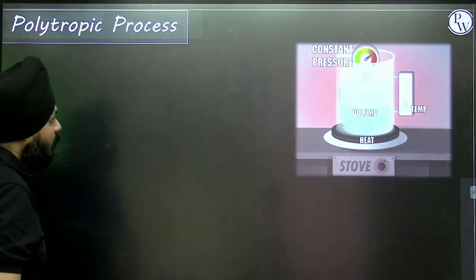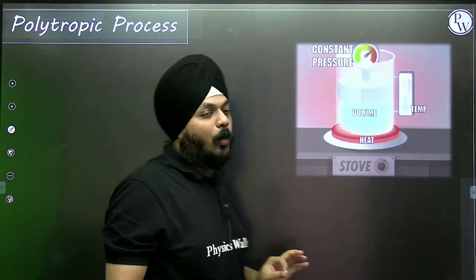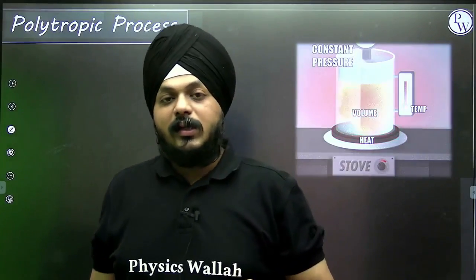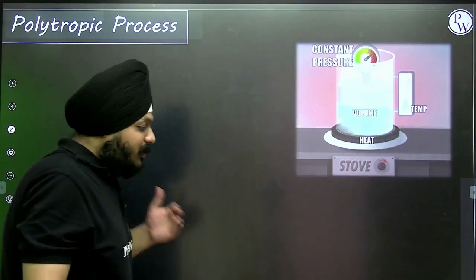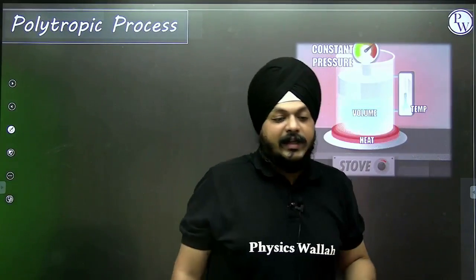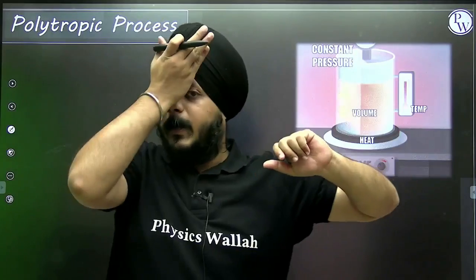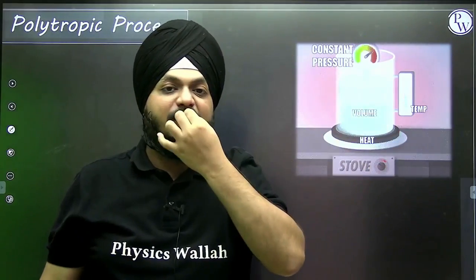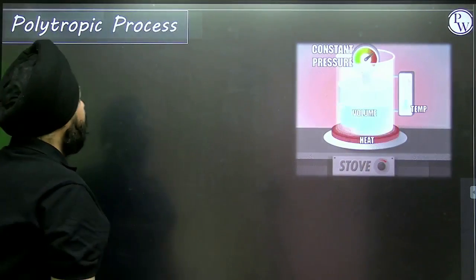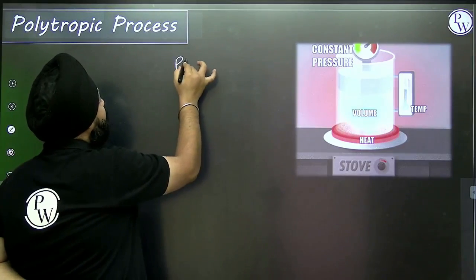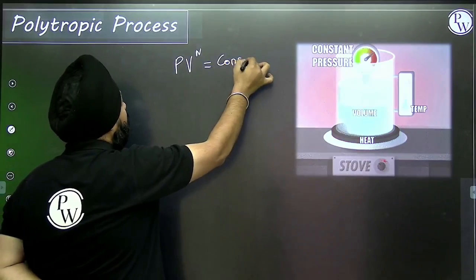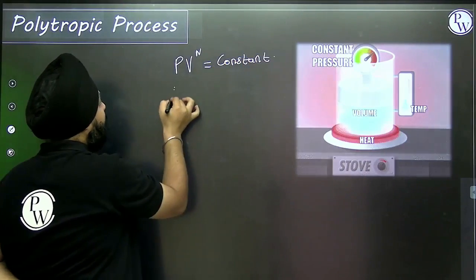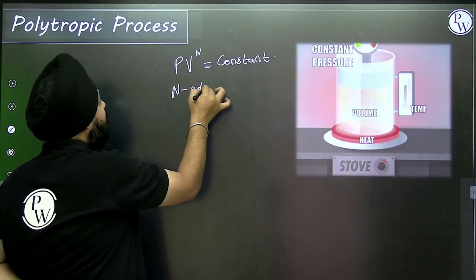Now let's move on to the most important thing, that is polytropic process. This is a general definition for all processes. If the system is getting compressed, or whatever the heat is supplied to the system. This polytropic process is defined as P V raised to n is equal to constant, where n is defined as the polytropic index.